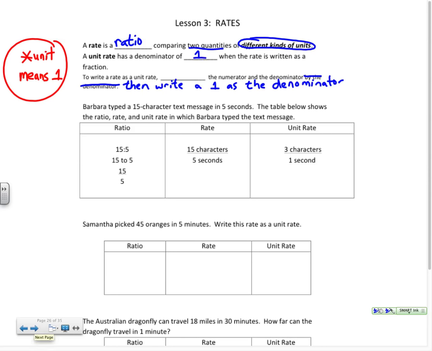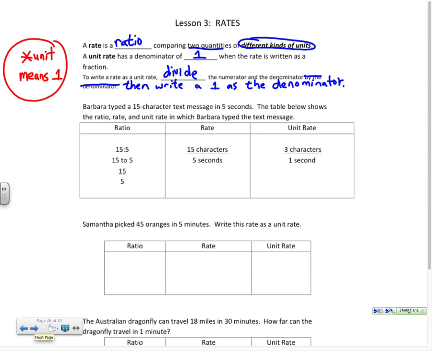So unit actually means 1. And to write a rate as a unit rate, we divide the numerator by the denominator and then write 1 as the denominator. I made the directions a little bit easier so you can change those. So let's see a problem so we can apply this.